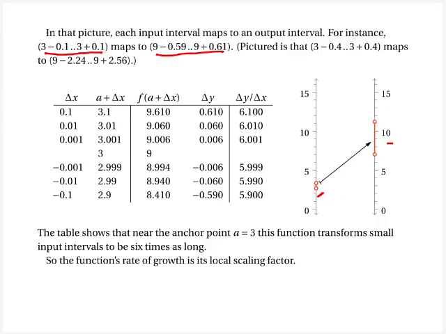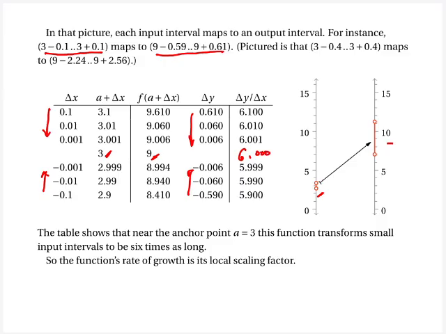If I focus again at the anchor point 3 and its associated output 9, and I let the delta x's go to 0, from both the positive and negative direction, then what we're seeing is that the output is about 6 times the input.